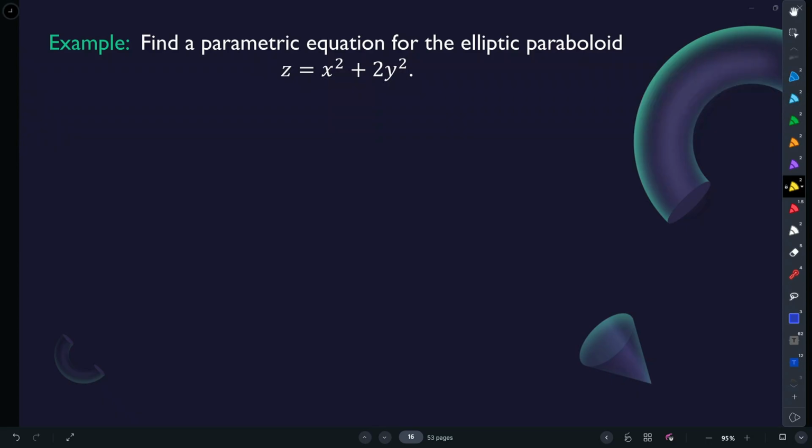How about finding a parametric equation for an elliptic paraboloid? This is just one example of infinitely many, where you can take z to be a function and then parameterize the graph of a function. We know what a paraboloid looks like.